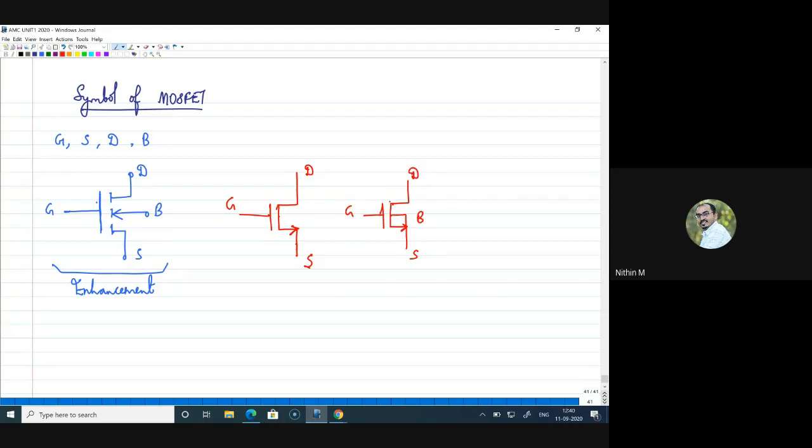So what MOSFET is this? This is an N channel enhancement type MOSFET, right?